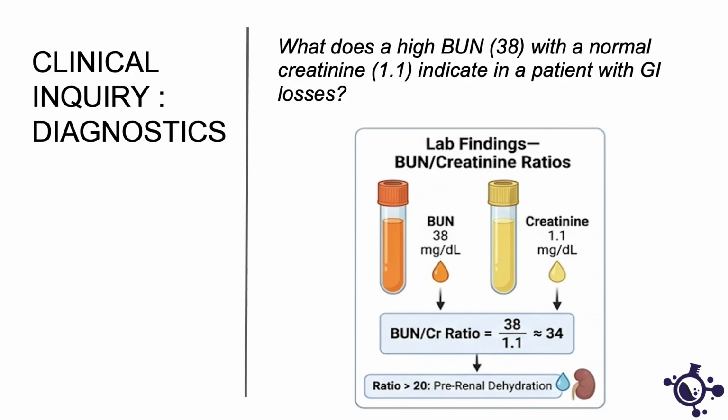When we look at the BUN creatinine ratio, 38 over 1.1, that's about 34. Anything greater than 20 tells me that this is a pre-renal dehydration, so it's strictly related to volume loss. All right, so I know then how to treat her.